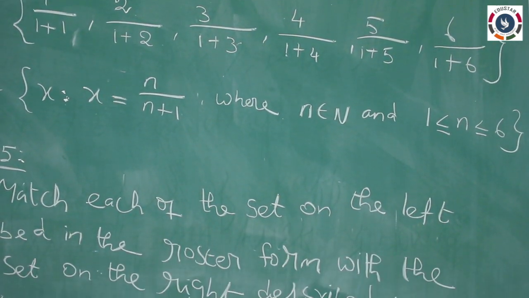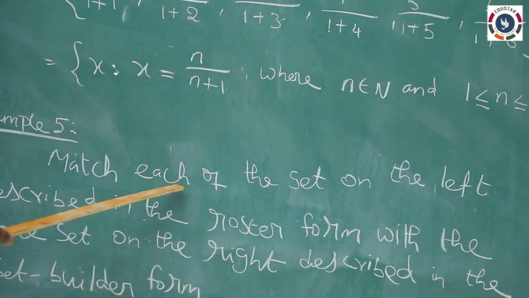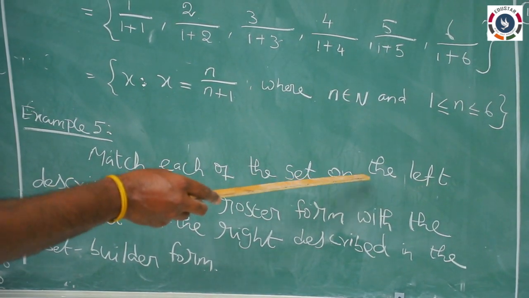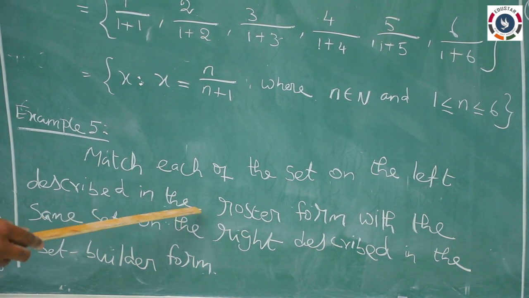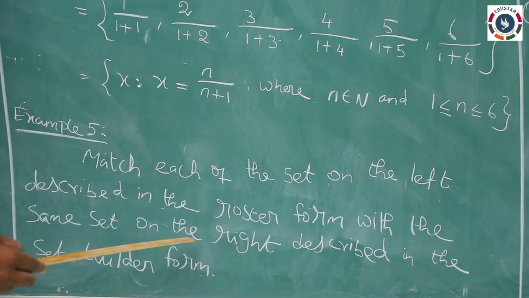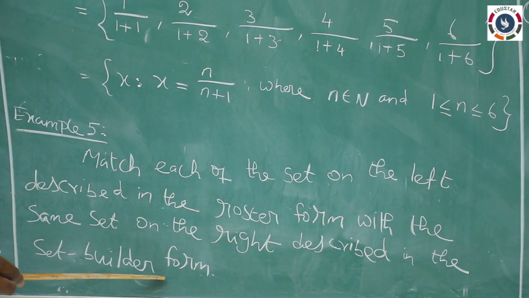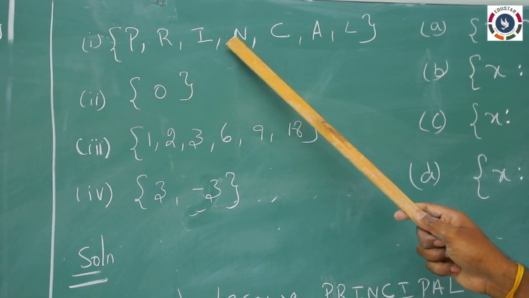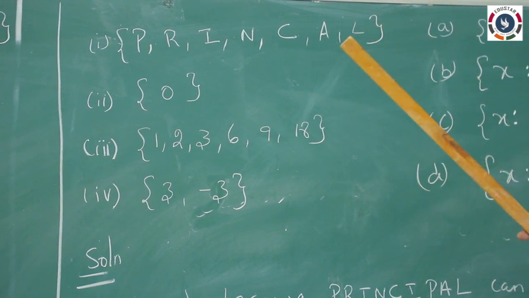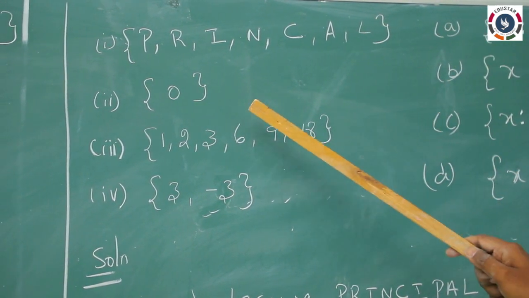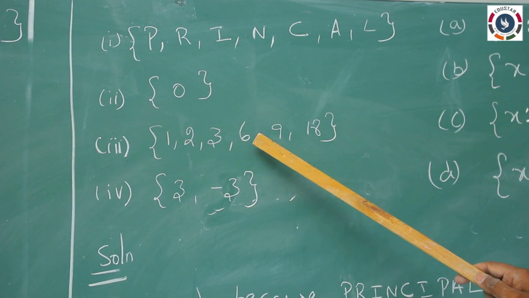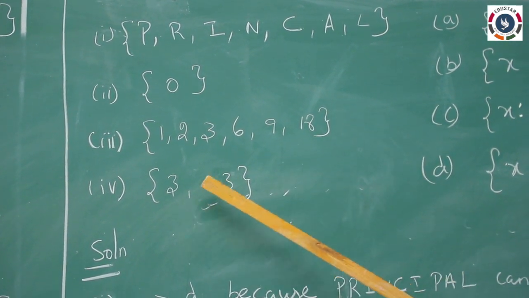So, next example: match each of the sets on the left described in the roster form with the same set on the right described in the set builder form. The sets are: P, R, I, N, C, A, L; 0; 1, 2, 3, 6, 9, 18; and 3, minus 3.